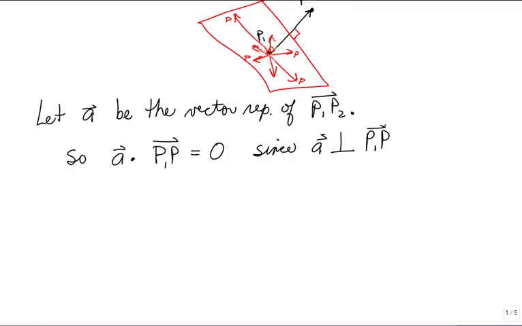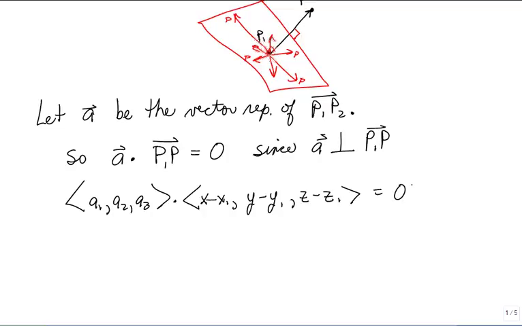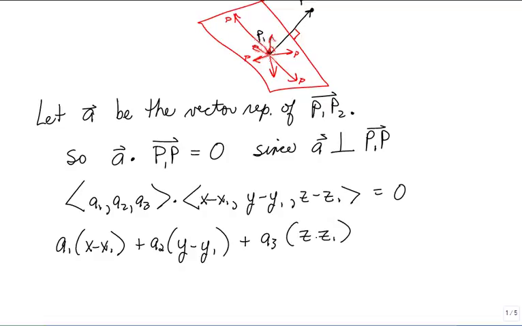So we have a1, a2, a3, dotted with x minus x1, y minus y1, z minus z1, and that's equal to 0. So I have a1 times x minus x1 plus a2 times y minus y1 plus a3 times z minus z1 equal to 0.